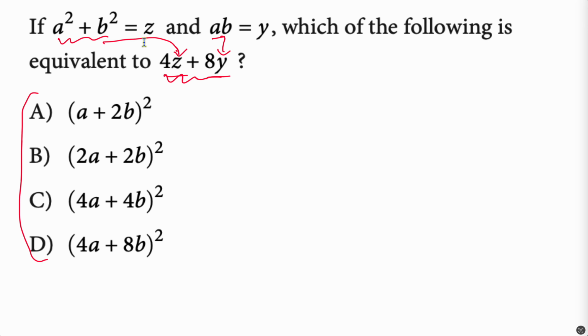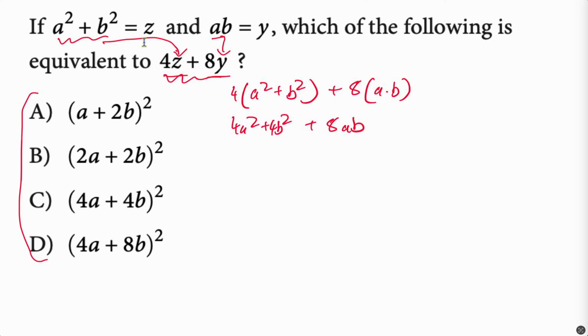We're gonna write 4 times, so z, we're gonna replace z with a squared plus b squared, right? And then plus 8 times what's y? Y is a times b, right? So that's what we have here. So we just break the parentheses, so it's basically 4a squared plus 4b squared plus 8ab.